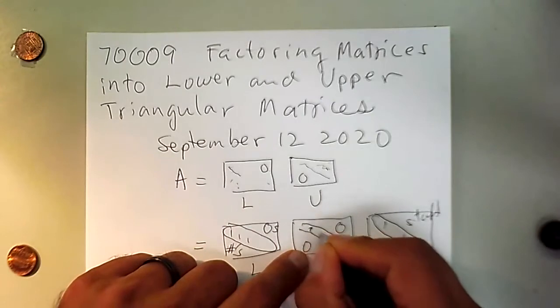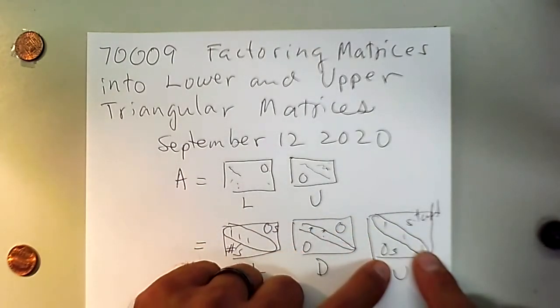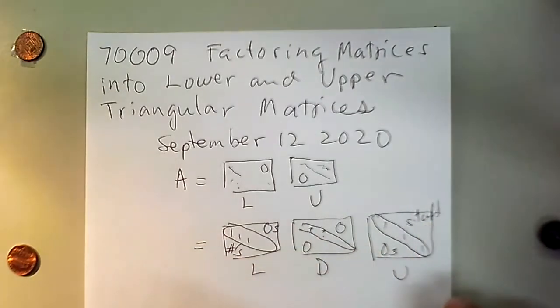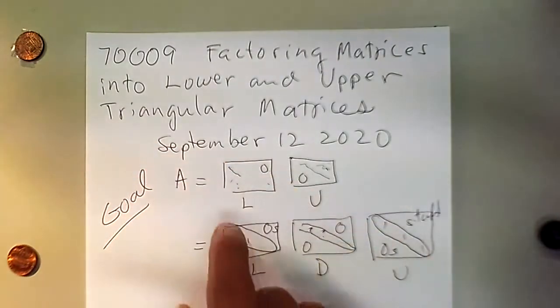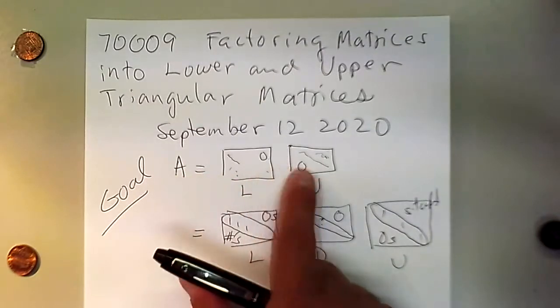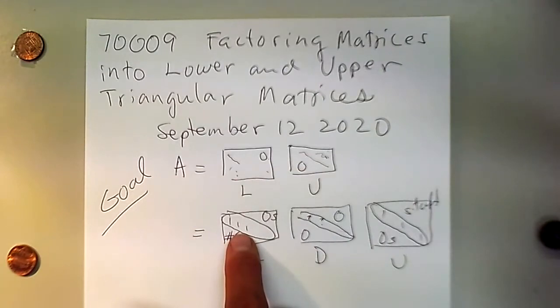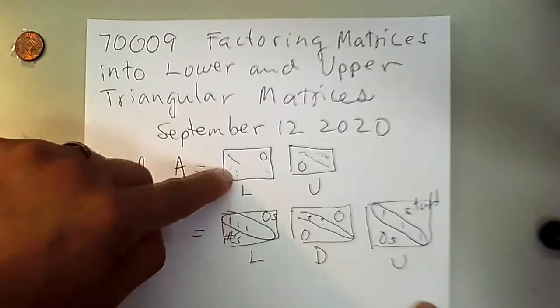Here we can put some question marks, I don't know what, but some numbers. So this is our goal: to be able to write a matrix into two such matrices, or into three such matrices. This would be a further step from the first.